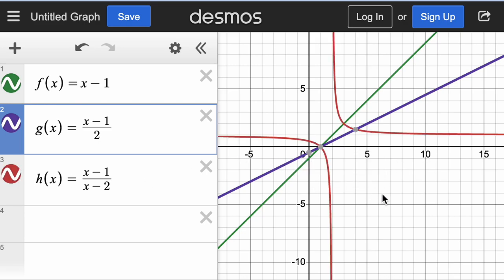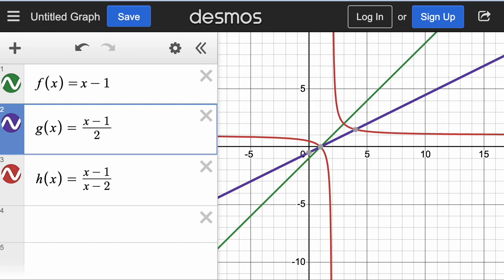h of x, though, you'll see that it's a rational function where you have a horizontal asymptote at y equals 1, and then a vertical asymptote at x equals 2. So that's where our domain and range cannot be, right? As we looked at in the previous lesson, 4-1, whatever the restrictions of our domain and range are, they define our asymptotes.